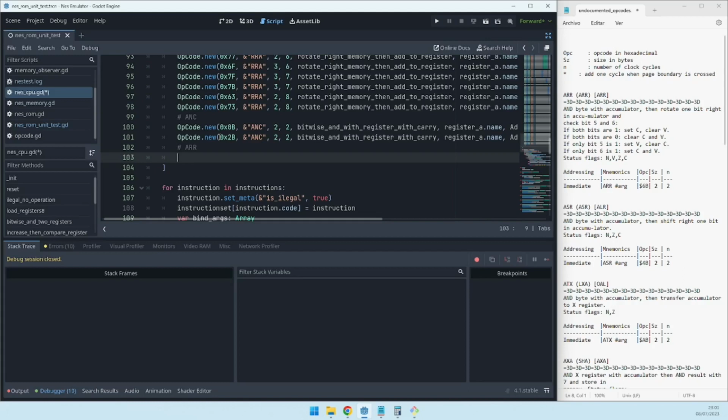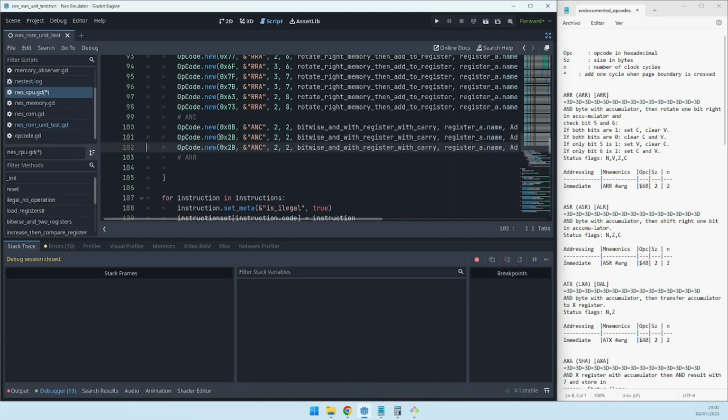Okay. And then rotate, and rotate right. That is the meaning. And let's duplicate this. ARR.